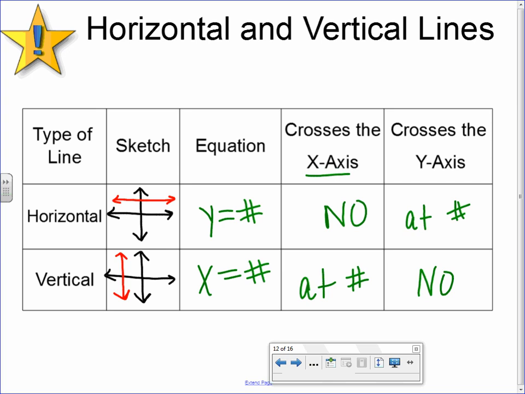Okay? So back to our graph paper. Whenever you're done with this, we're just going to practice graphing a couple horizontal and vertical lines. These are the easiest ones to graph as long as you remember which one's which.